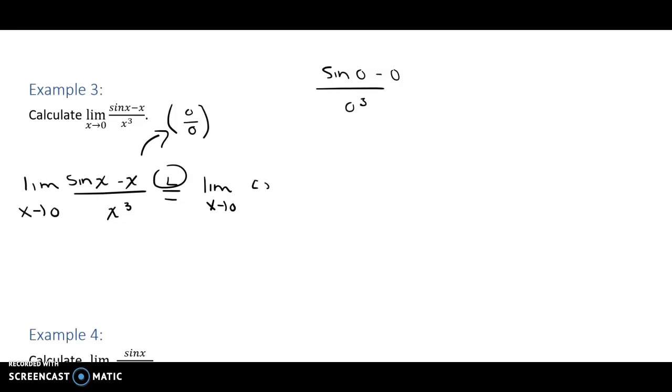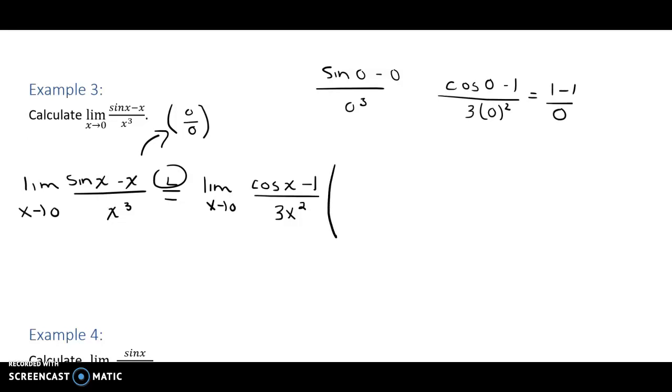So the derivative of sine is cosine. Derivative of minus x is minus 1. The derivative of x cubed is 3x squared, right? So check the form. If you plug 0 in, you end up with 1 minus 1 over 0, which is 0 over 0.